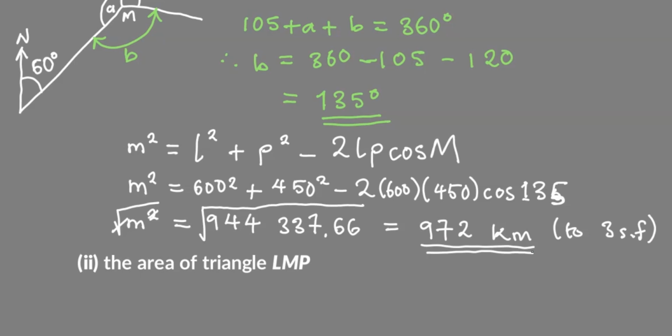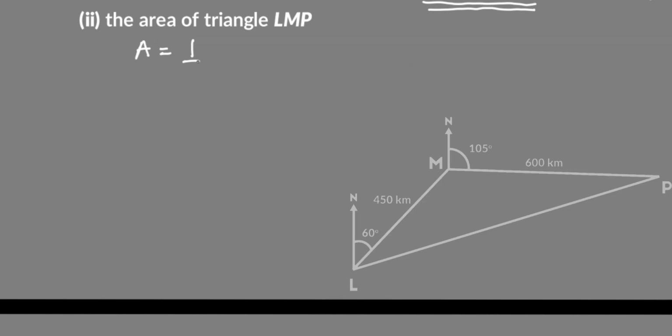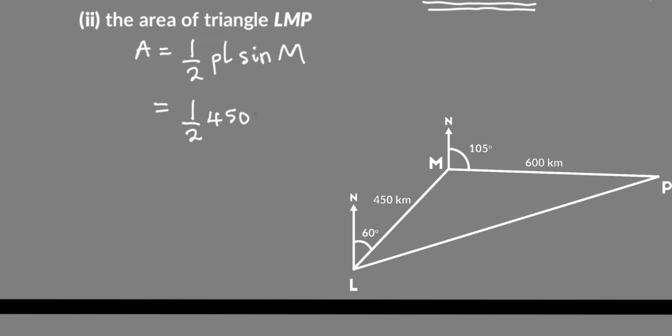Now the next question asks us to find the area of the triangle LMP. Since we have two sides and the angle between those two sides, this question is straightforward. We're not going to do any calculations, we're just going to plug in things. We've got the two distances P and L, so we can say half PL sine M, which is the angle at M, and this angle M is between the sides L and P. P is 450, L is 600.